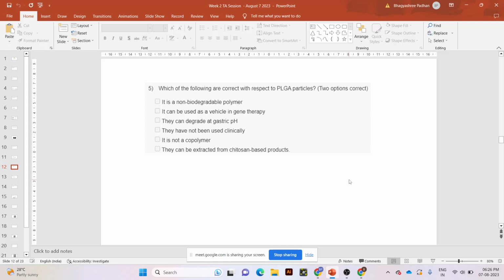Okay. So you are correct. The right answer is it can be used as a vehicle in gene therapy and it can degrade at gastric pH.